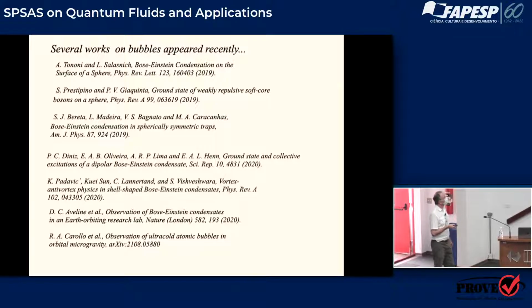Another work is from Diniz, Oliveira, Lima, and Emmanuel Rey. I think all of them are here too. And there are other works from Padavić, Sun, Lannert, Vishveshwara, vortex-antivortex physics in shell-shaped condensates, also 2020. Carollo et al., observation of Bose-Einstein condensate shells, is an experimental work in Nature, where they finally made this condensate on Earth.